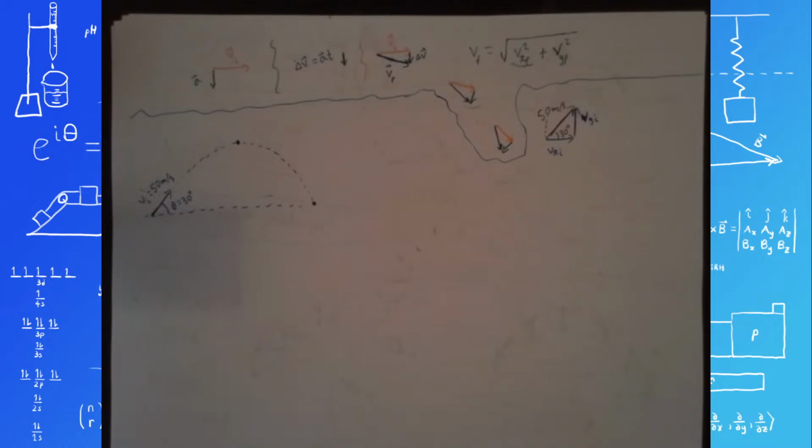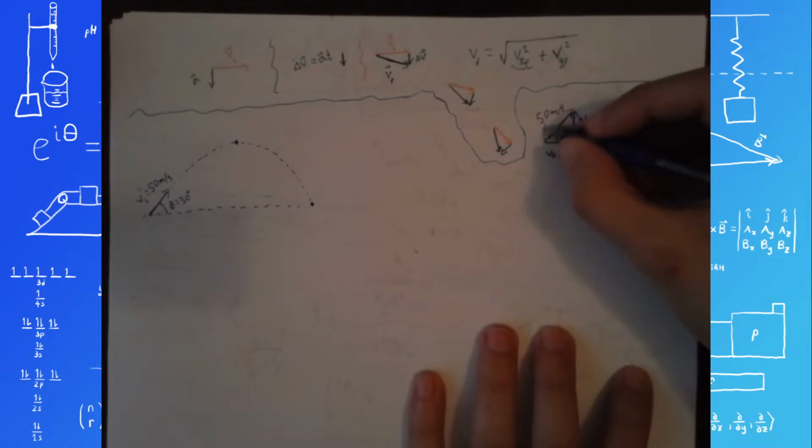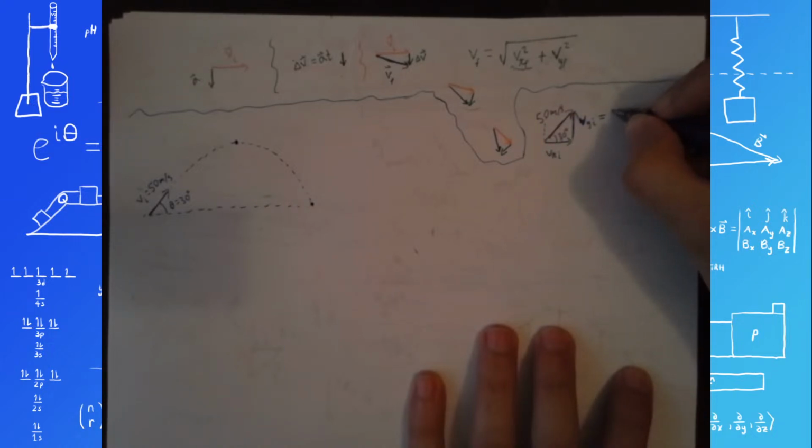And if you remember how to do this, then you should remember that this component is opposite to the 30-degree angle, so it's just going to be hypotenuse times sine of the angle, so 50 meters per second times sine of 30 degrees.